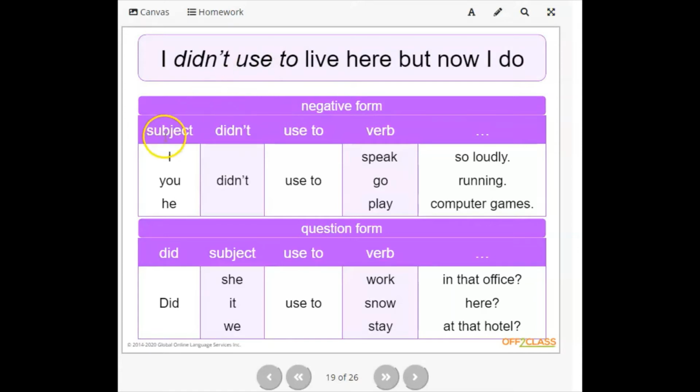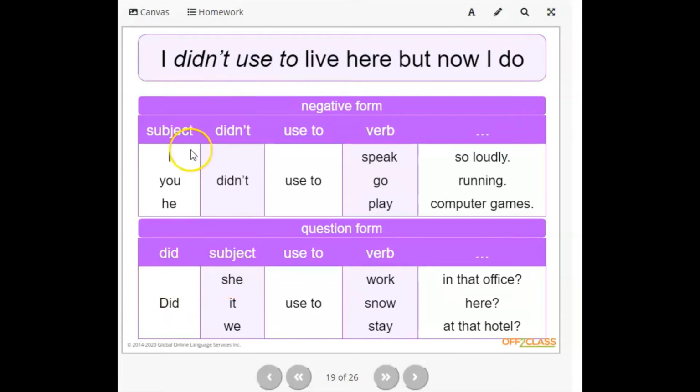And the form, so we have the subject, didn't used to, and then the verb. So I didn't used to speak so loudly. You didn't used to go running. You didn't used to play computer games. In the question form, it's the same except here we're going to use the auxiliary did for the question, and then the subject.